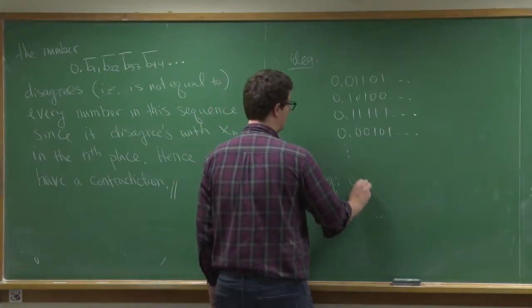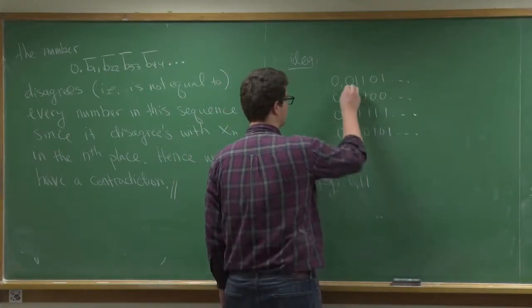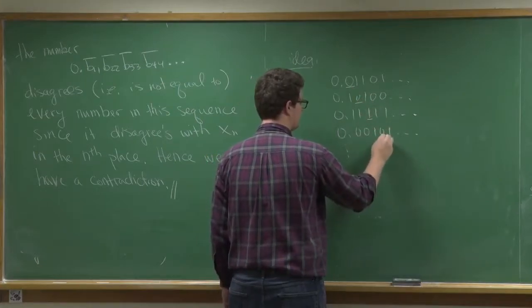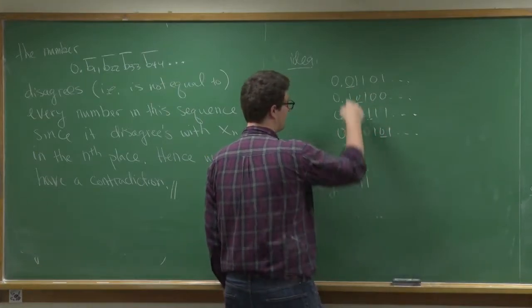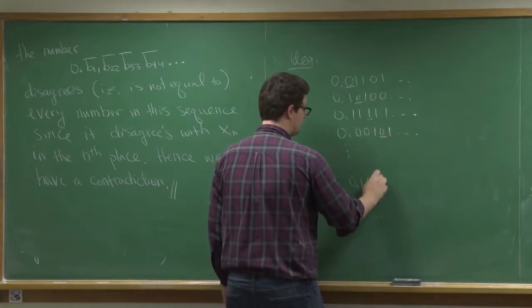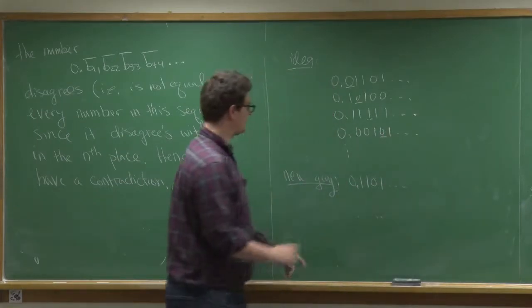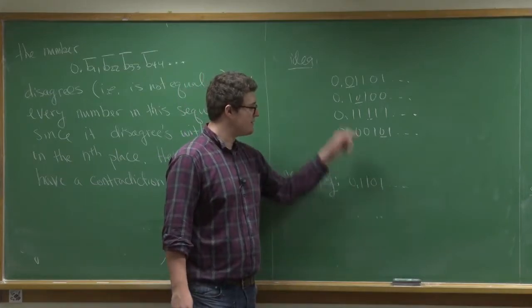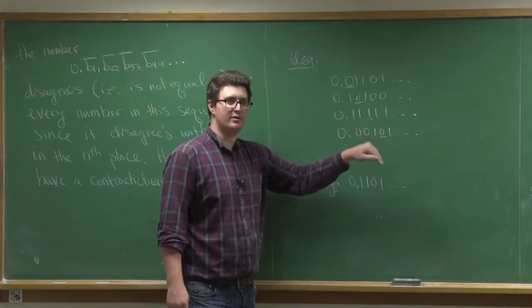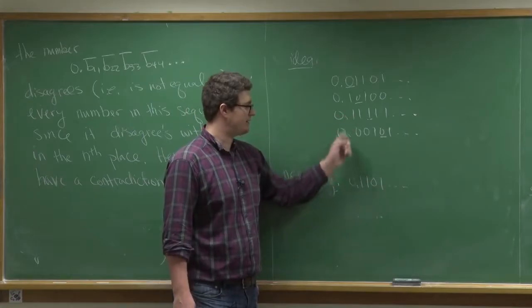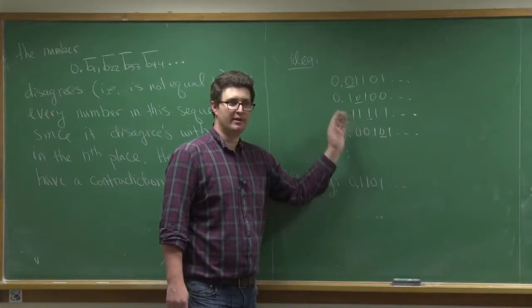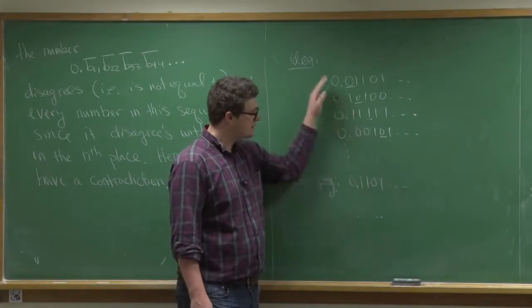So it'll be 0.1, so I'm doing these guys here. Okay, so I flip this one, flip this one, flip this one, flip this one. Like so, like that, okay? And so if I continue in this way, it would be a new element that doesn't appear anywhere in the sequence.